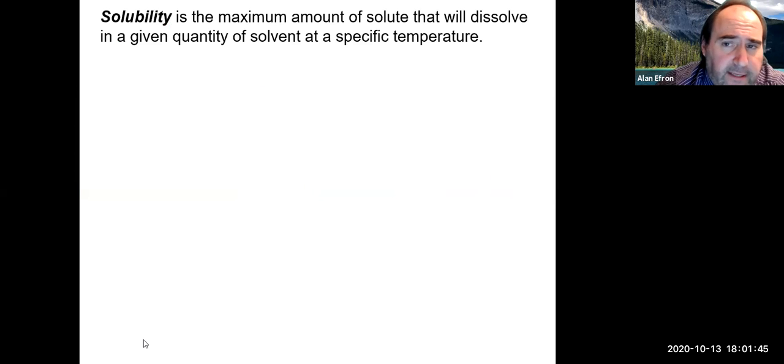Solubility is the maximum amount of solute that will dissolve in a solvent at a given temperature. And there are some solubility rules that we follow to help us decide, if we put a couple of ionic guys together, a positive and a negative, would we expect that to make a solid? Would we expect it to make more of a solution?